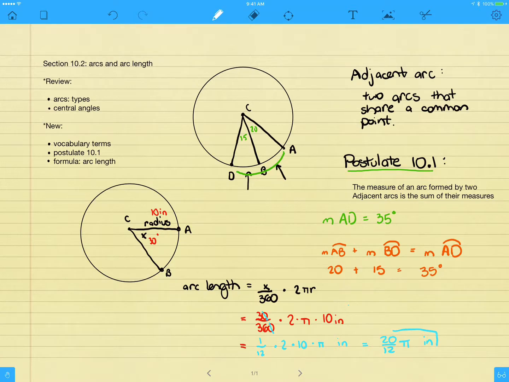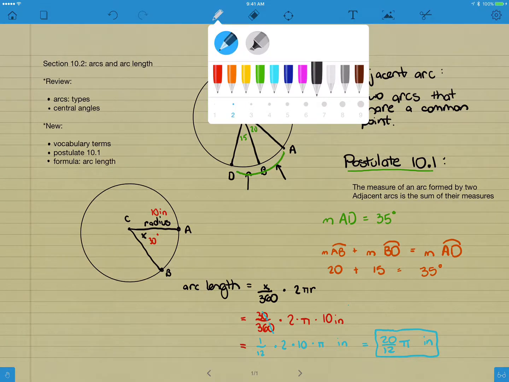This number that you're looking at right here is the exact answer for a circle. That is the exact distance on the circle itself. Now, if you want to find the decimal form of that, you have to take 20, divide by 12, and take that number times pi. And that'll tell you the decimal form on a calculator.